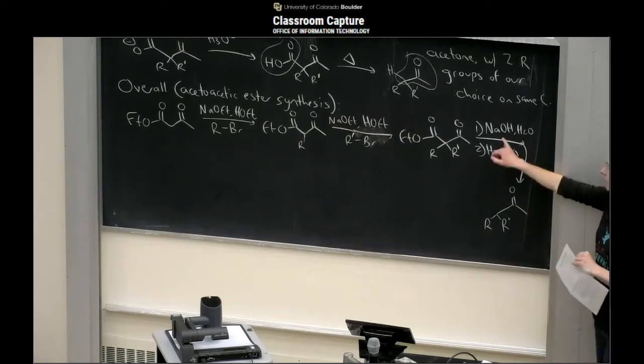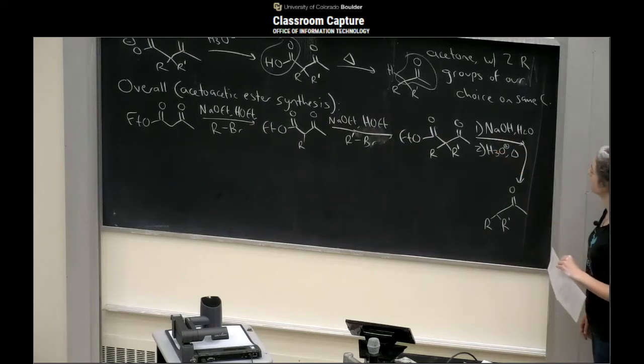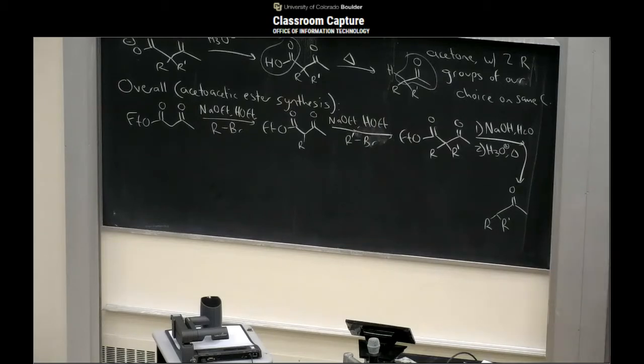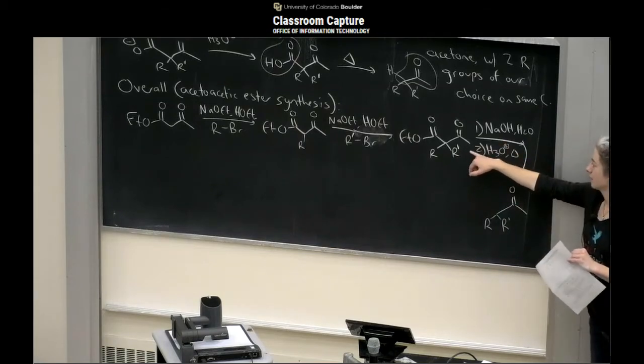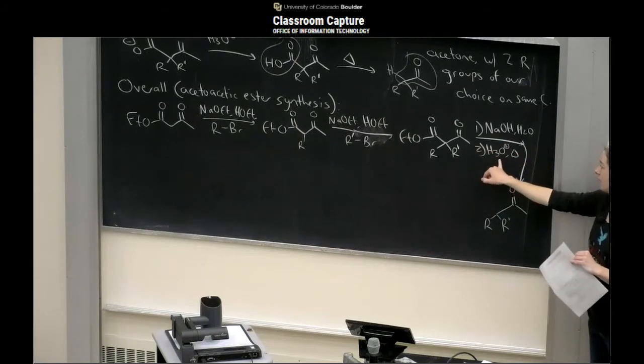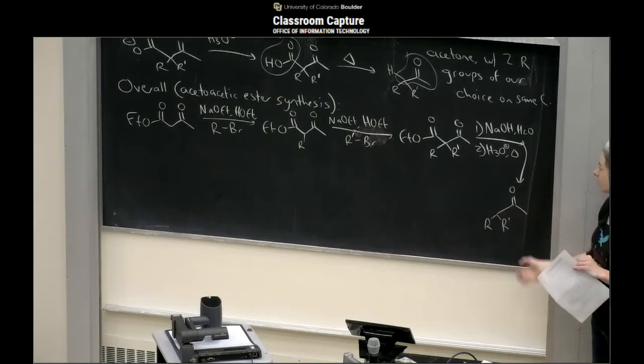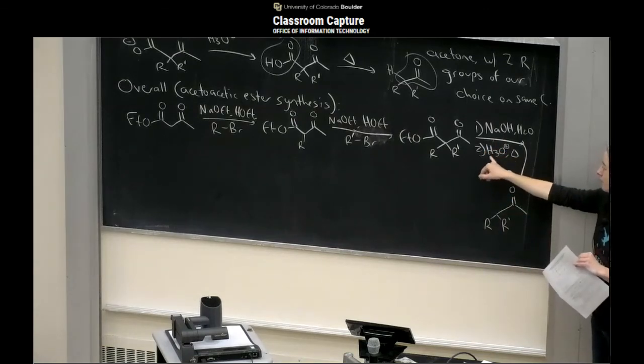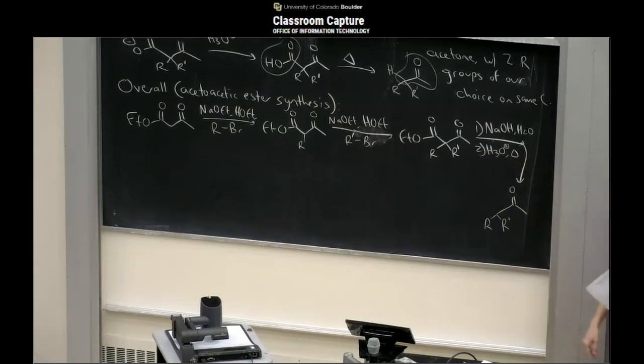It might also be a little bit easier, maybe base catalyzed hydrolysis is faster or something, I'm not sure. But on paper at least, we could just do acid catalyzed hydrolysis, and that would also get us the same product. So you could just do step 1 as H3O+ and heat, and that should get you to the same place.